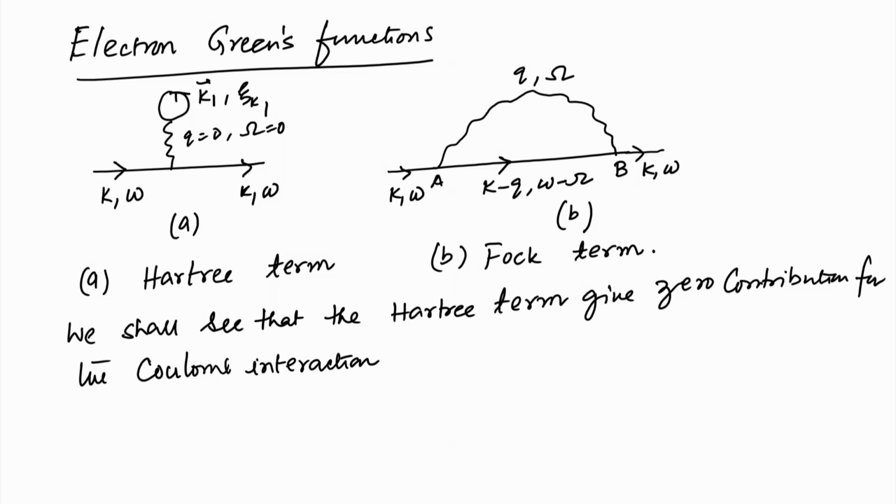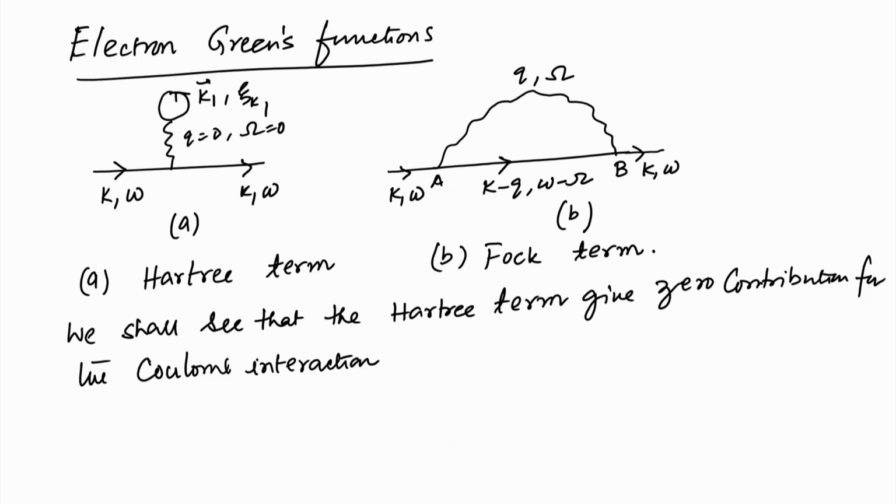And since we are discussing the first order perturbation, there is no change in the wave function. We only get renormalized energies, and the first order correction is computed as the expectation value of the interaction Hamiltonian between the ground states.